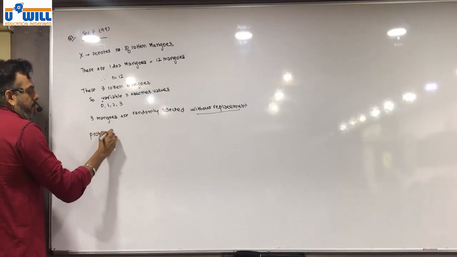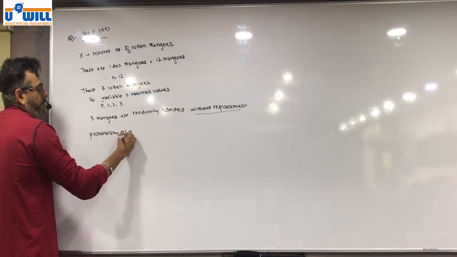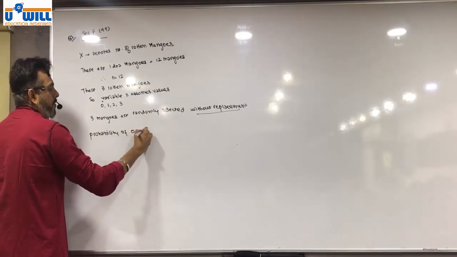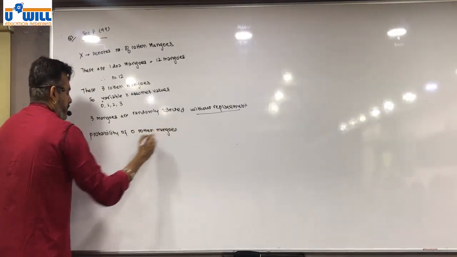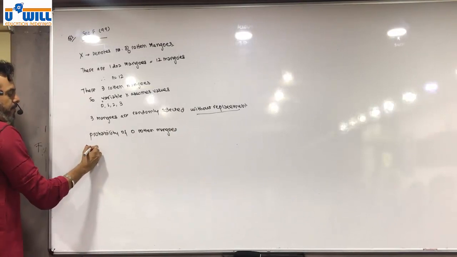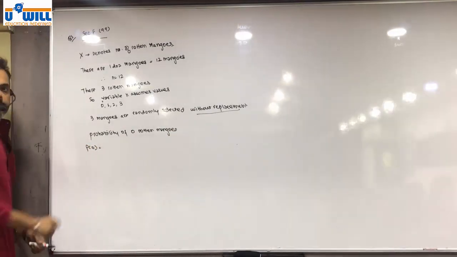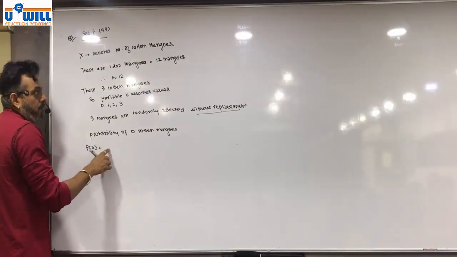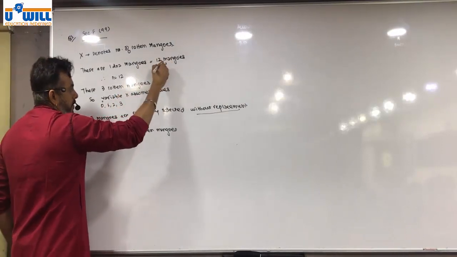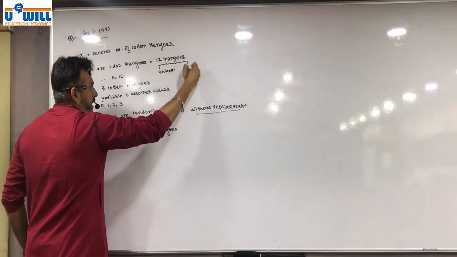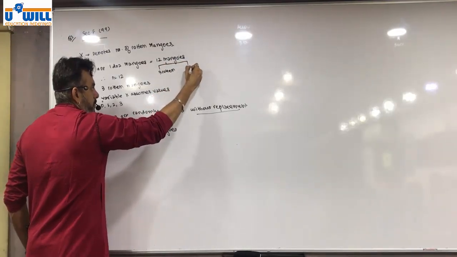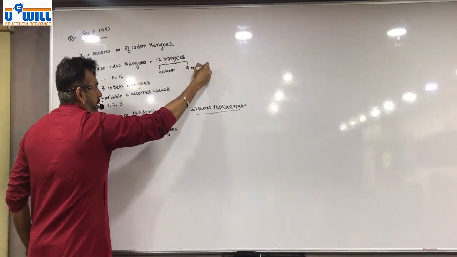Now, probability of 0 rotten mangoes. Probability of 0, which is what? What will come? Now, there are 12 mangoes. Out of these, 3 are rotten and the rest 9 are normal. Okay.